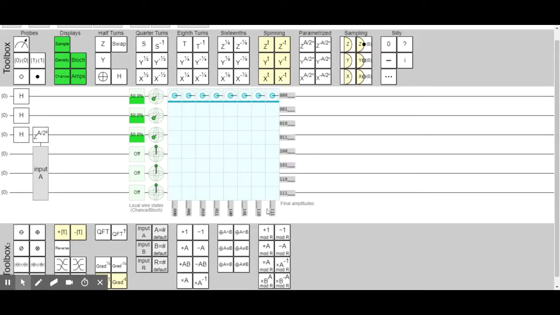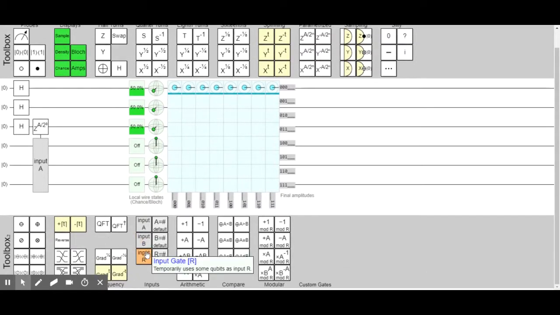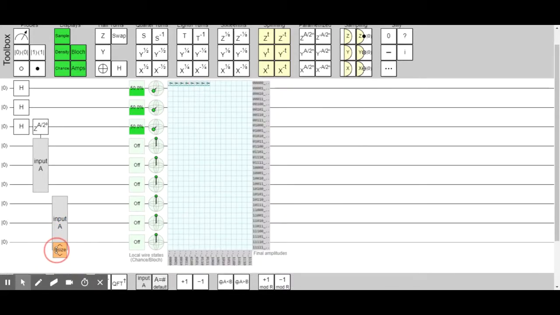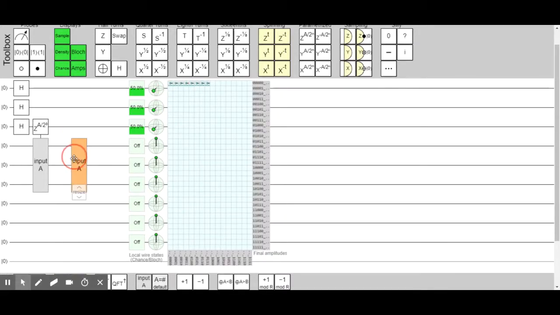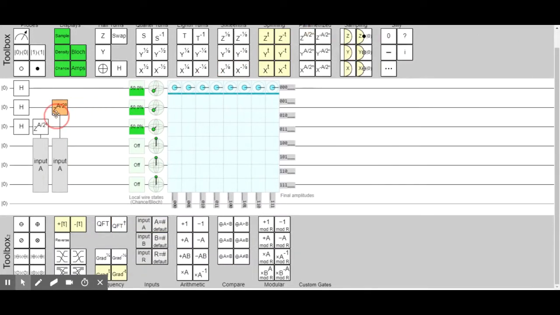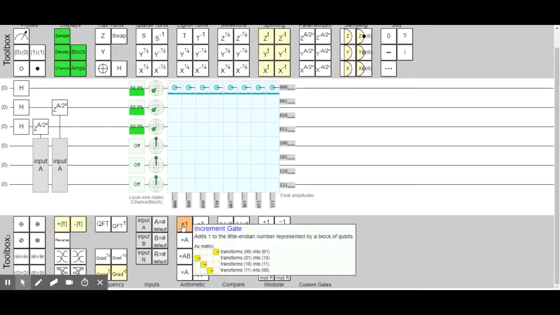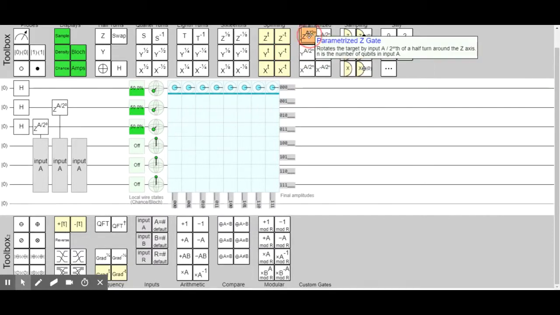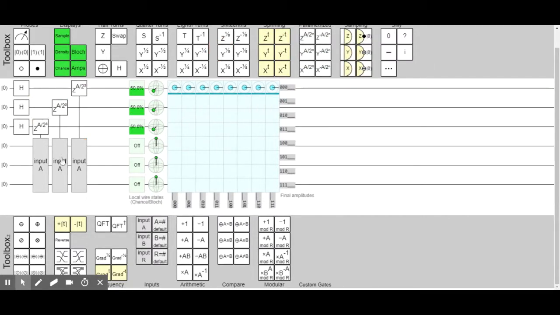I think I have to read the manual because it's pretty powerful, this whole thing here. So I think then I can have another input A, which maybe I can just reuse and do something in the middle. So you kind of build it a bit in a different way, but essentially it's the same.